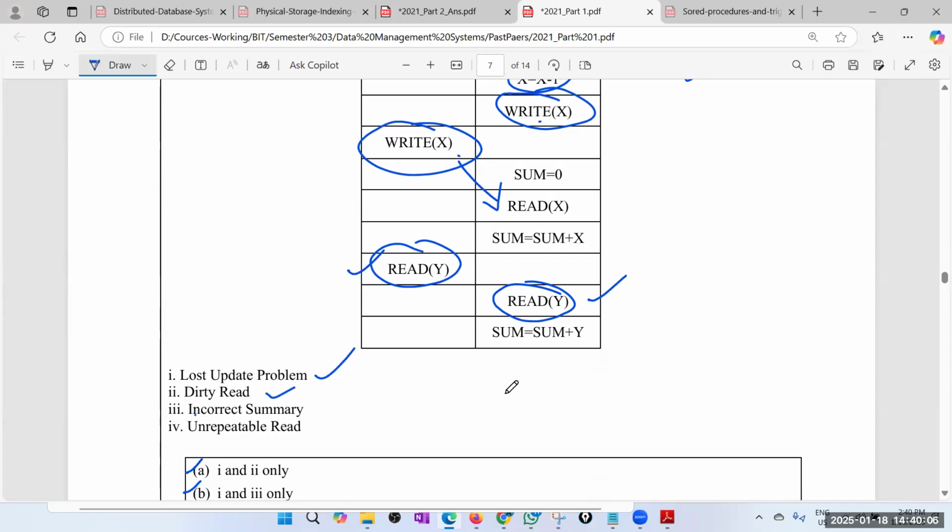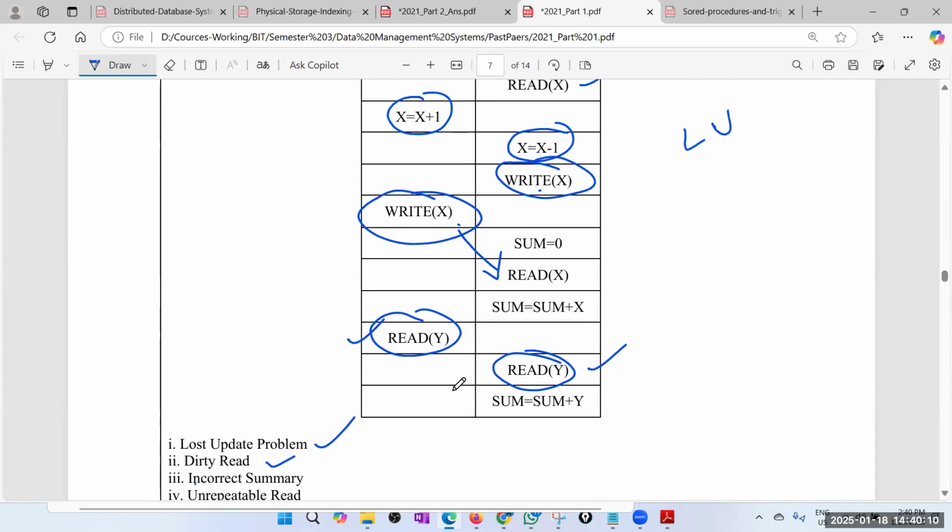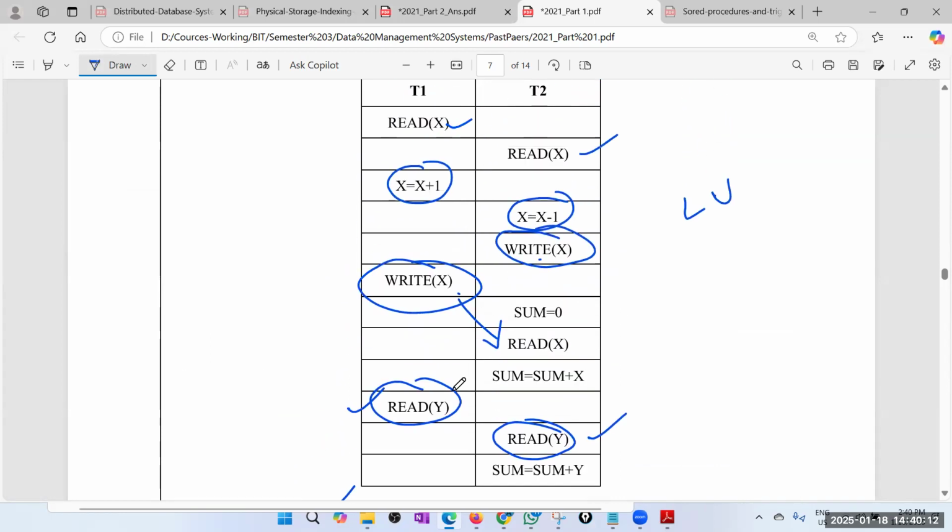Let's look at incorrect summary. That means when you read the same value two times, you get two different answers. Here you read two times, and here you get one X value. Here, because this is already written, you get another X value.